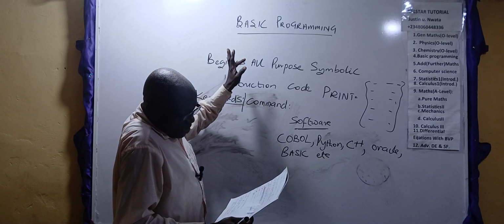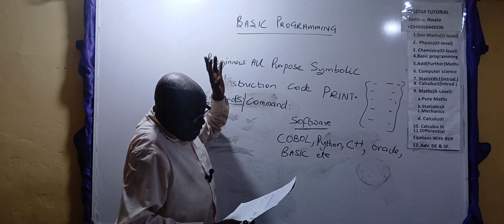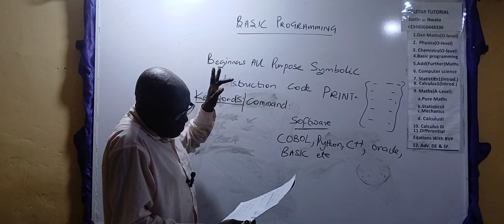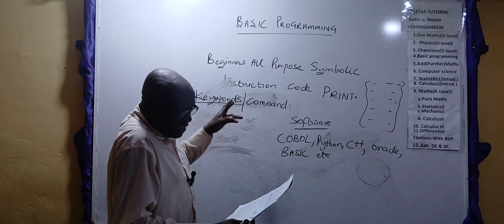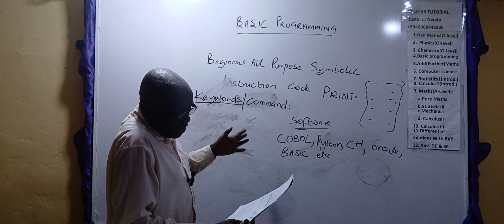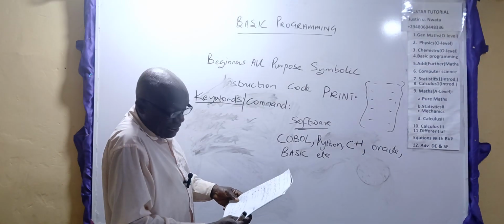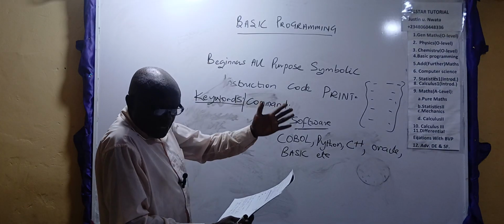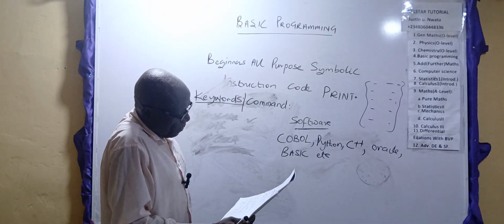Every programming language also has its rules and regulations. When you are writing a program, you must follow the rules and regulations. If you don't follow them and you tell the computer to execute, the computer will tell you it can't, or you see an error message telling you that you did not follow the rules and regulations of that programming language.